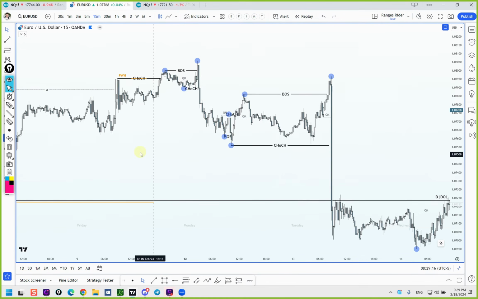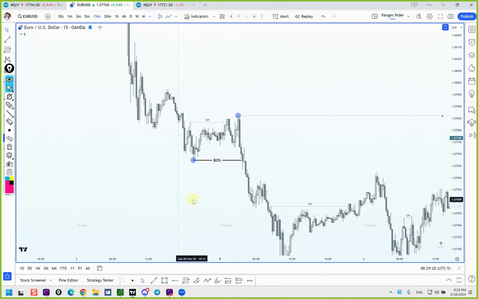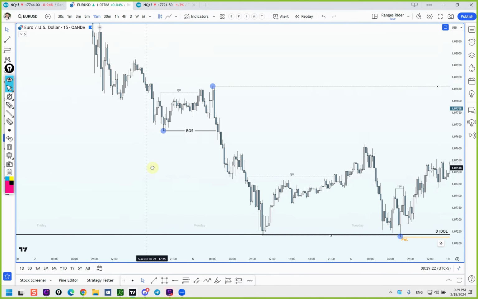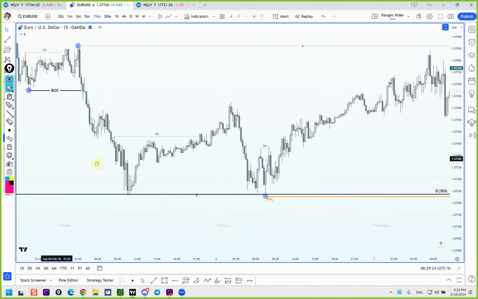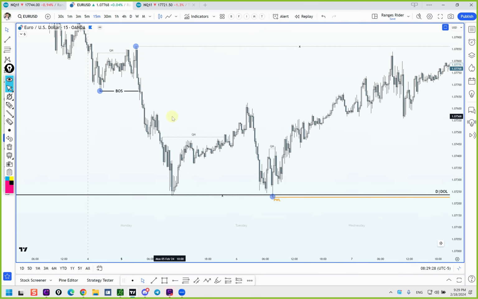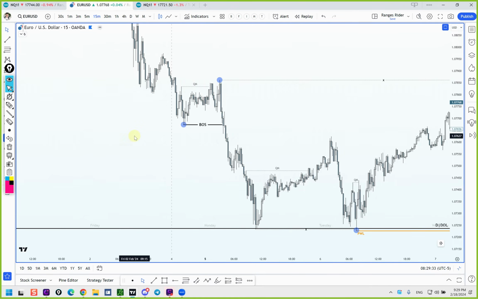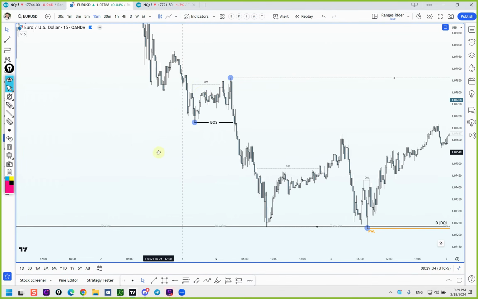Let's start with the ranges, by the way. Let's start from here, because I just marked the February data, and I don't want to keep my chart cluttered. I just keep the current month data, and that's enough for me.